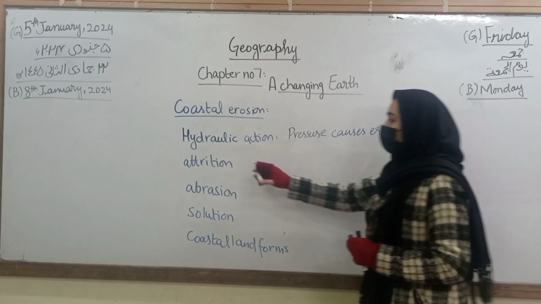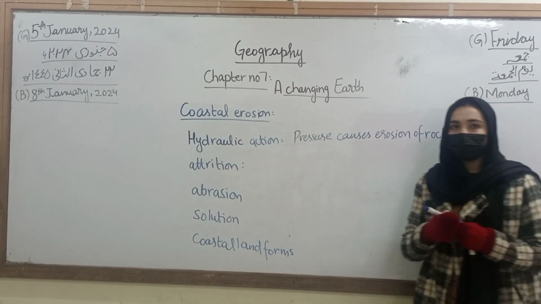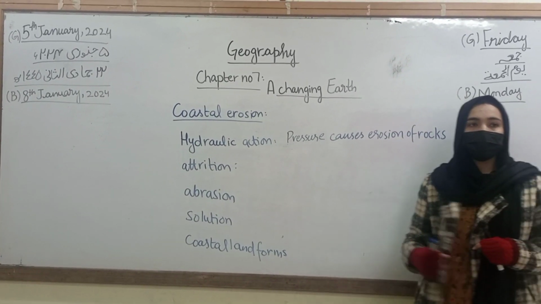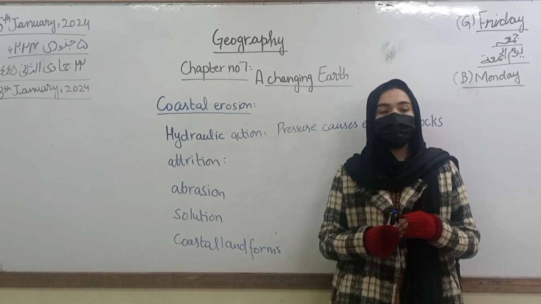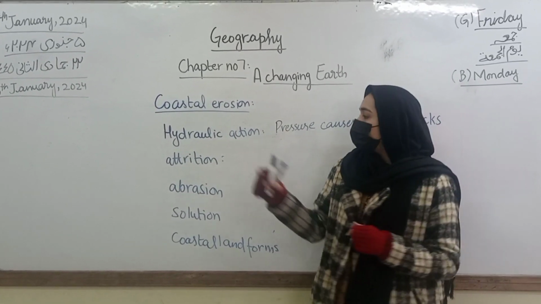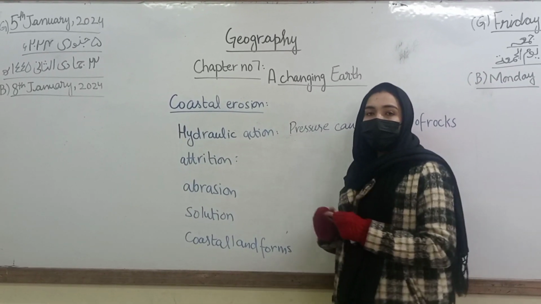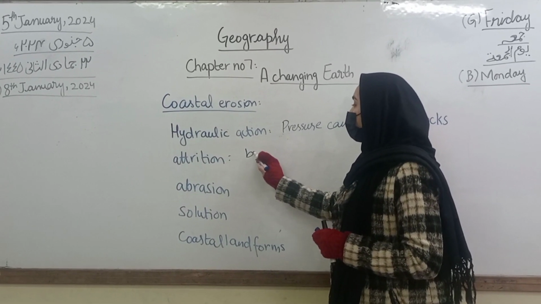Yes. Now who will tell me about the process of attrition, how attrition causes erosion? Think about it. Revise it in your minds. Yes, you are right. Very nice. The process of attrition causes erosion by bumping the broken particles of rocks with each other.